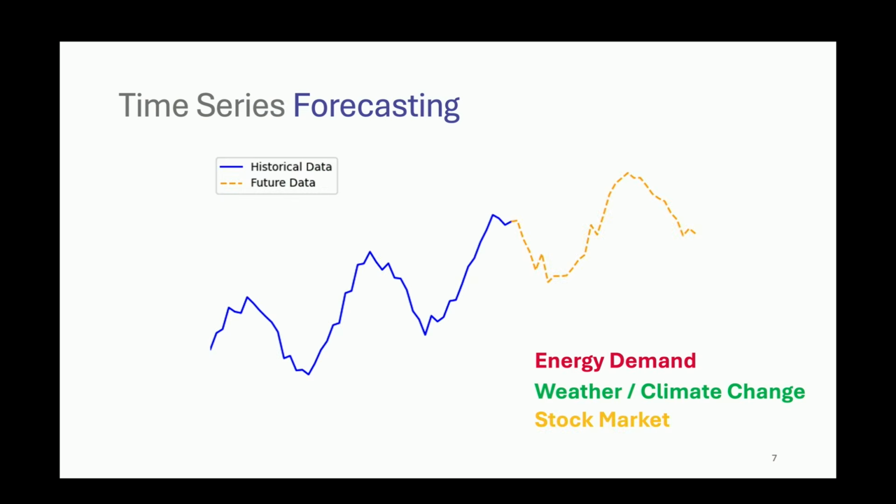So a lot of different domains depend on time series forecasting. They want to see the historical data, and based on it, they want to predict how that time series pattern is going to be extended for future time steps. So that's pretty much all about time series forecasting.